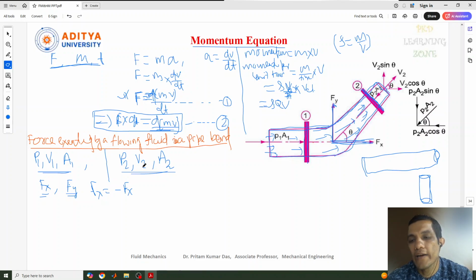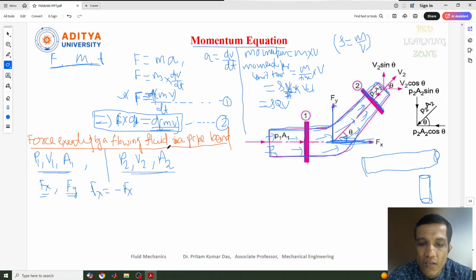Now you can ask why it is considered minus Fx. I'll tell you that. See, the fluid is moving in the x direction and impacts this pipe bend. But after striking the pipe, this force gives a reverse impact on the fluid.